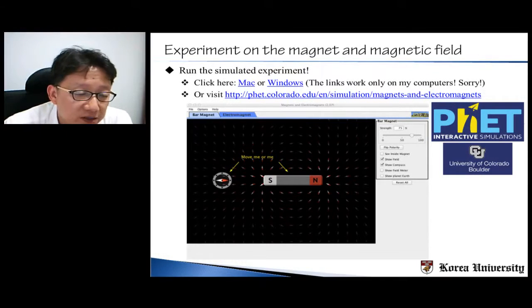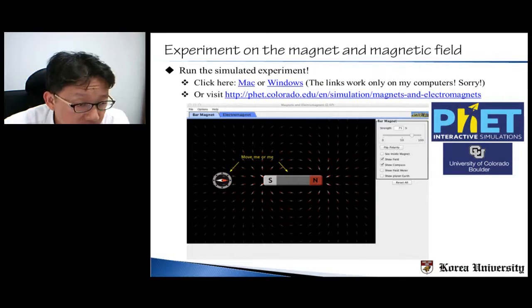So from the previous slide, we have seen that there is some kind of force between magnets, so that the same poles will repel each other and the opposite poles will attract each other, right? We will study this force in a little more detail.